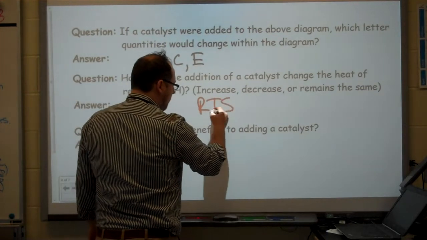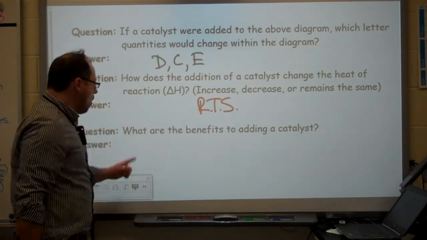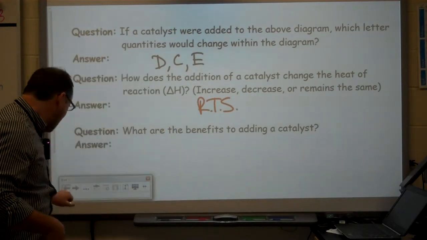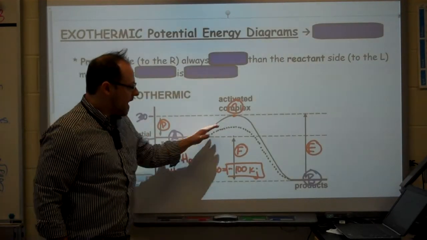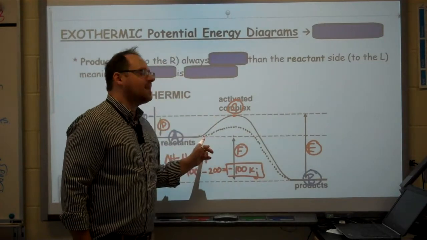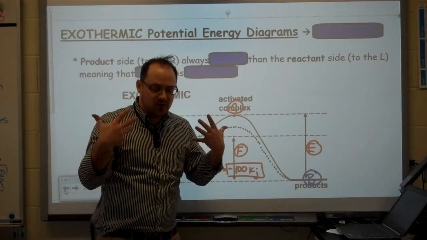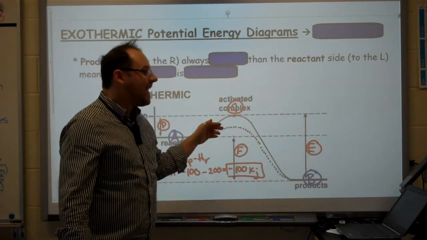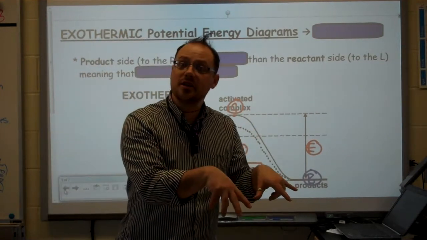It remains the same. What are the benefits of adding a catalyst? Well, by adding a catalyst, you can make your reaction go faster with less activation energy. So imagine you're doing a reaction that takes a lot of energy to get up over the hump. If you add a catalyst, you won't have to put as much energy in yourself.